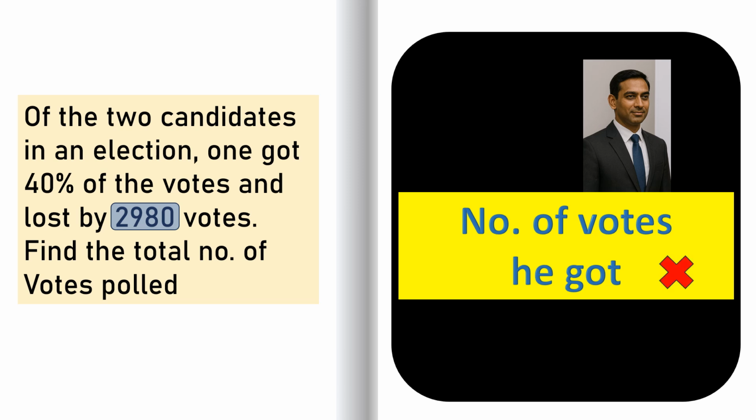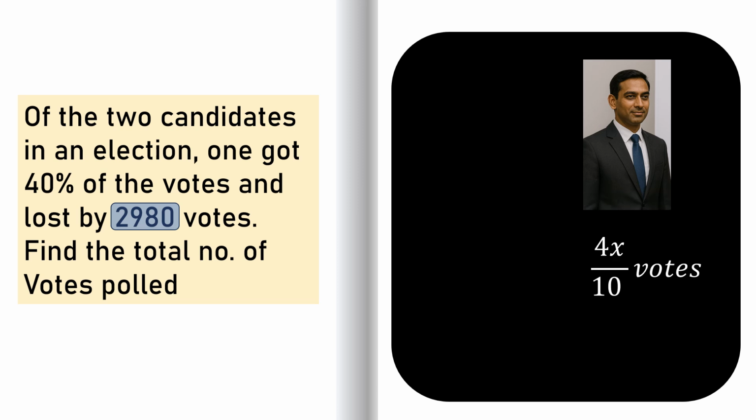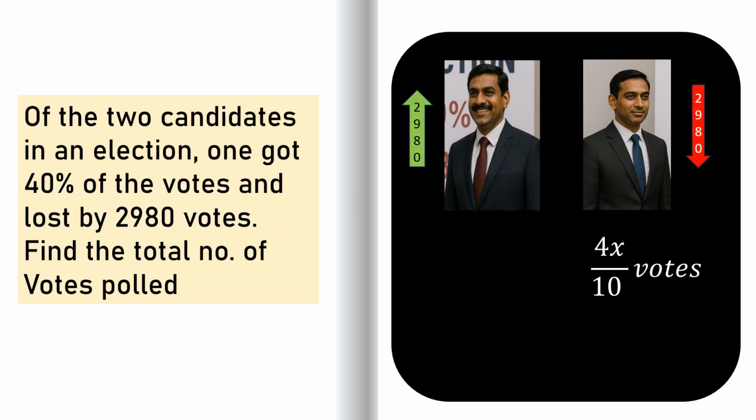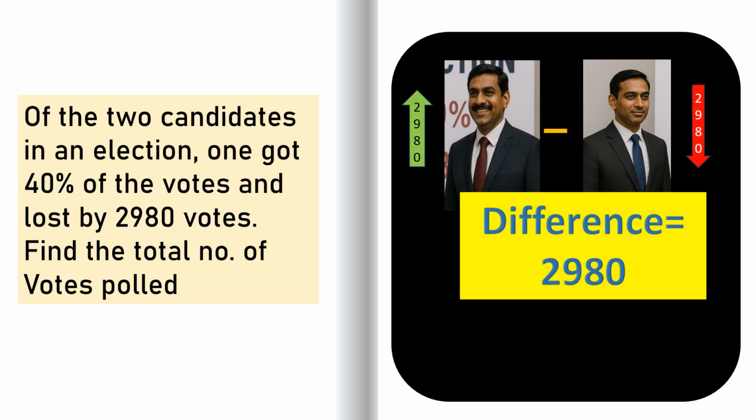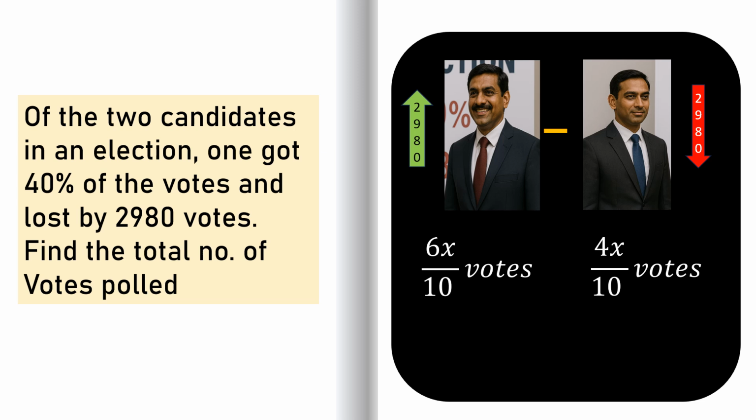Nope. Read again. He got 40% of votes and lost by 2980 votes. That means he got 2980 votes less than the winner. In other words, the difference between their number of votes is 2980. Since our winner got 6x over 10 votes, the difference will be 6x over 10 minus 4x over 10. And that is 2980, according to the question.